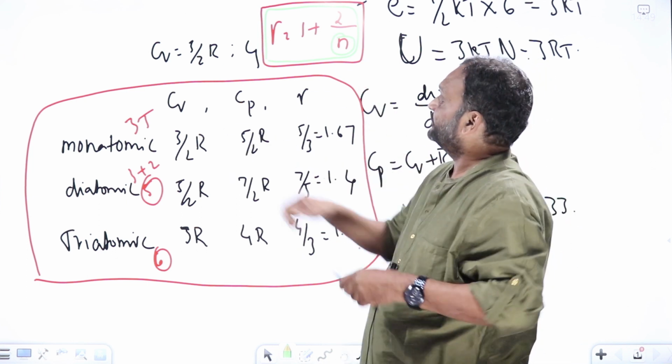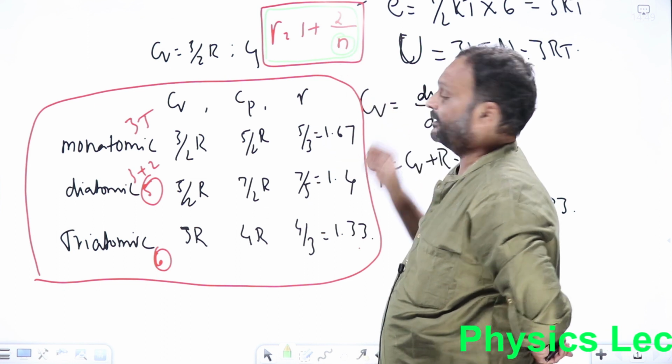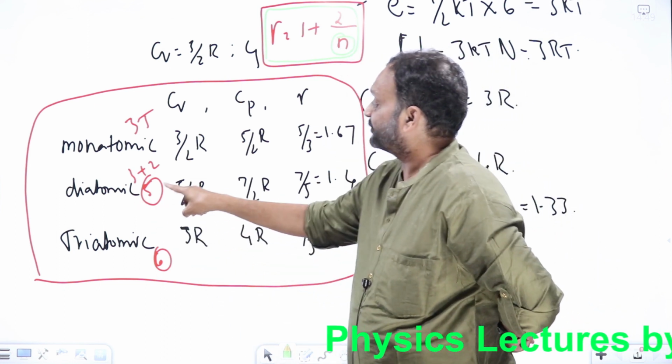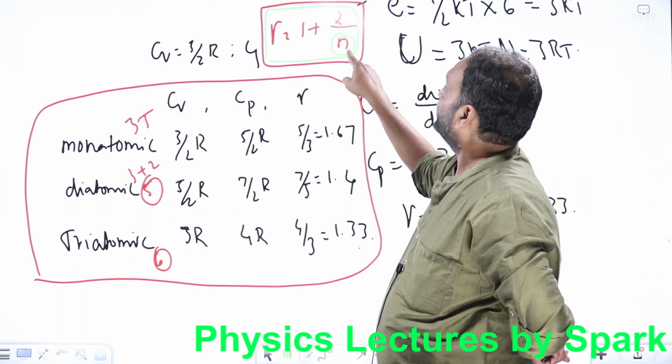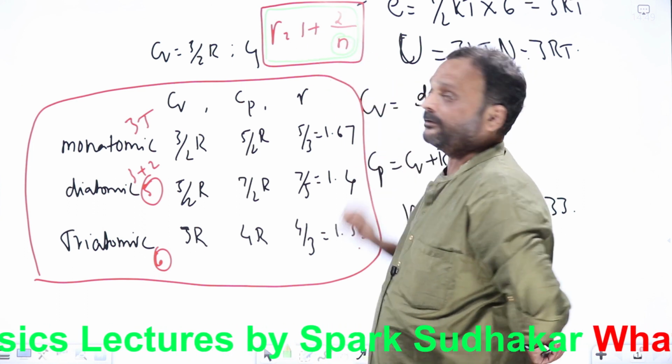For monoatomic, 3 degrees of freedom, so 1 plus 2 by 3, nothing but 5 by 3, 1.67. For diatomic gas, 5 degrees of freedom, 1 plus 2 by 5, nothing but 7 by 5, gamma equal to 1.4.